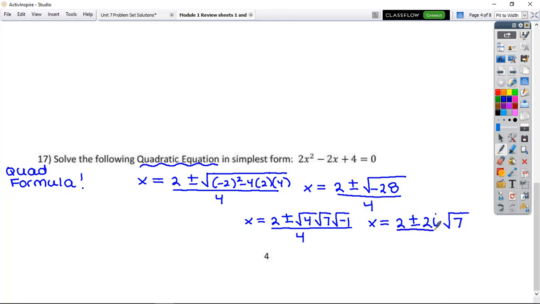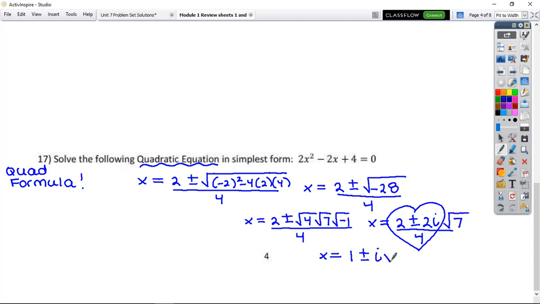Over 4. Are you done? Good. These 3 values are all divisible by 2. Therefore, you must reduce this. So my final answer, divide by 2 is 1. Divide by 2 is 1i.